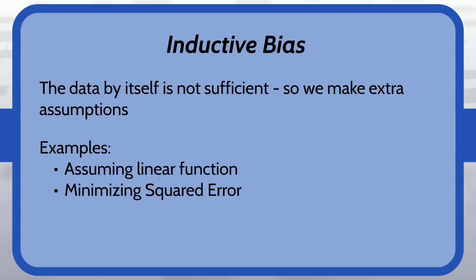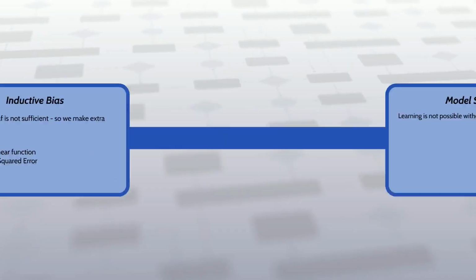In other scenarios, such as in linear regression, assuming a linear function is an inductive bias. And among all the lines, choosing the one that minimizes squared error is another inductive bias. We introduce these assumptions because, once again, the data by itself is not sufficient to find a unique hypothesis.